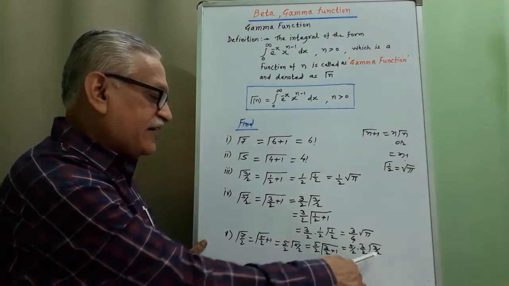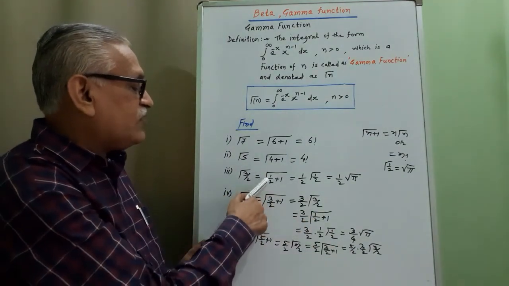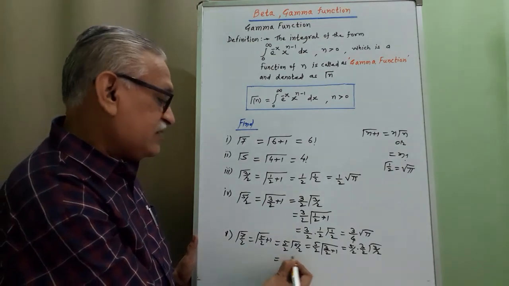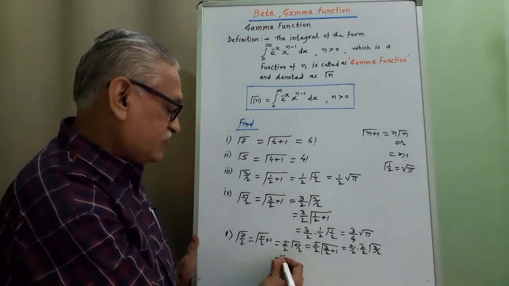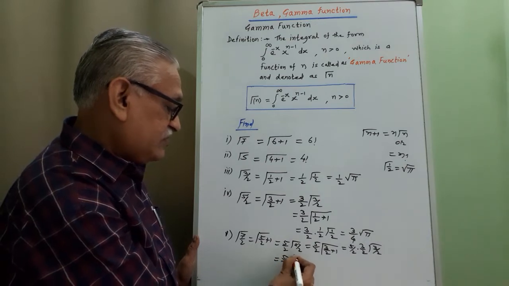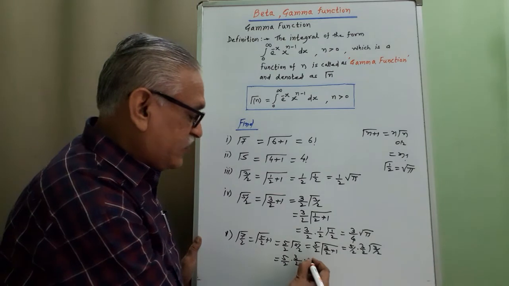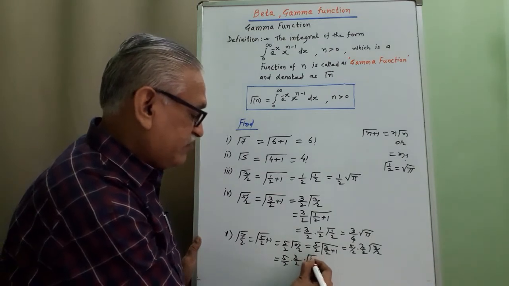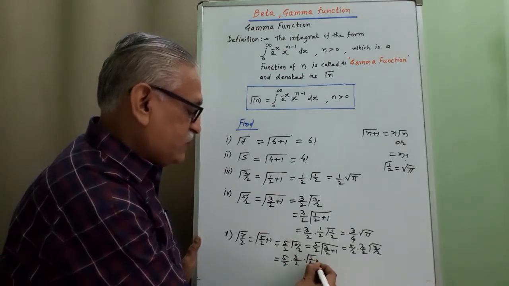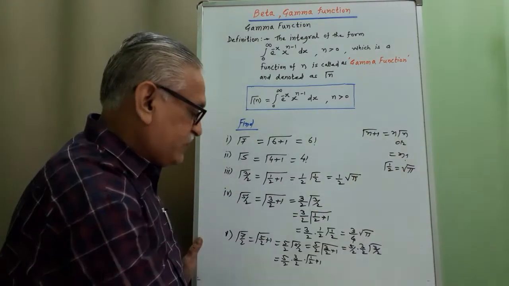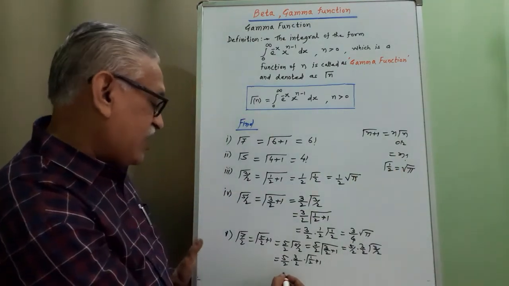Once again rewriting that 3 by 2 in the form of 1 by 2 plus 1, we get that value as 5 by 2, Gamma of 3 by 2, and this 3 by 2 we can write down as Gamma of 1 by 2 plus 1.